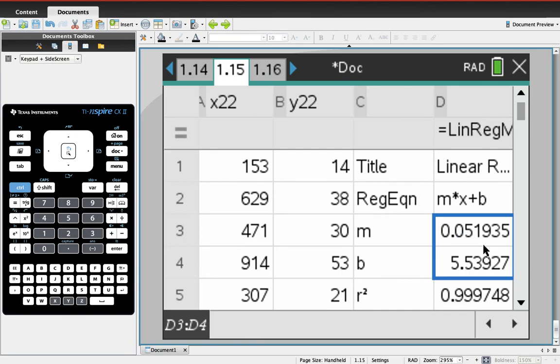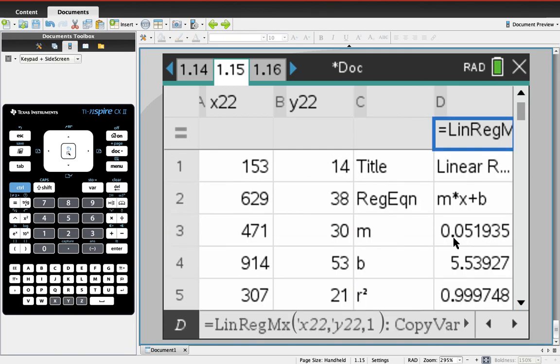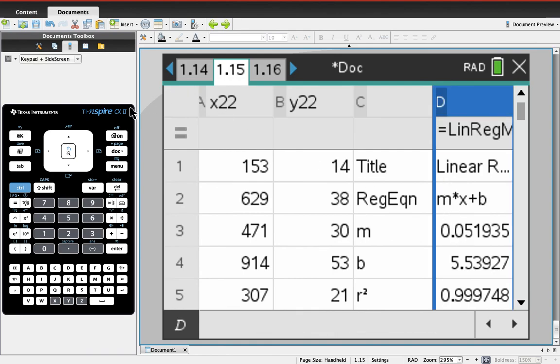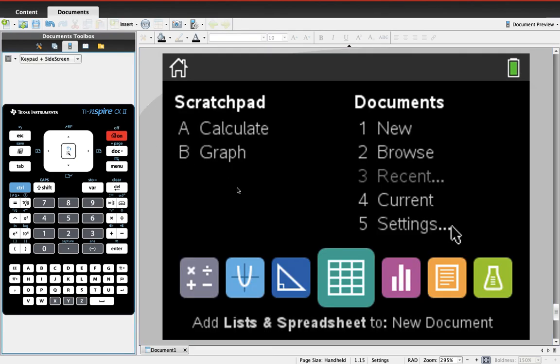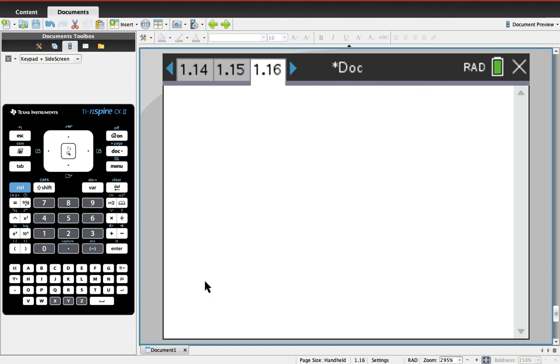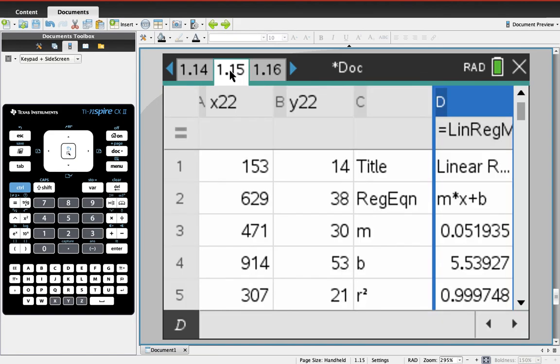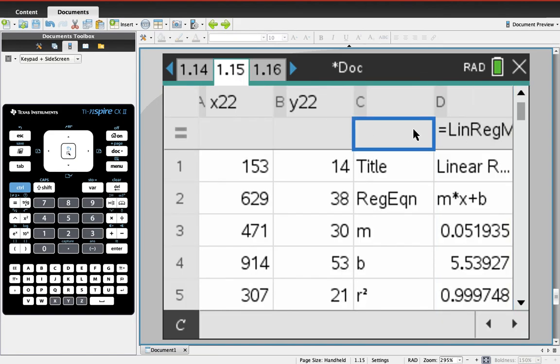I saved it as F22. So I'm going to head over here to a calculator page, F22 of 1500. And look at that. It's going to tell me my answer, F22 of 1500. Now, I could have also done this in this chart. So let's see.